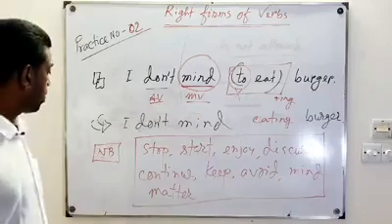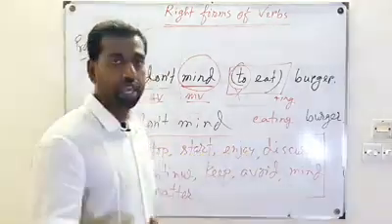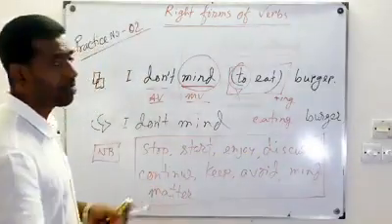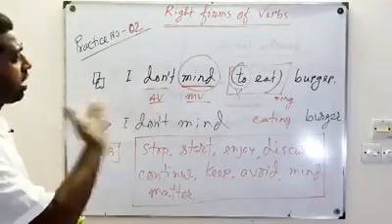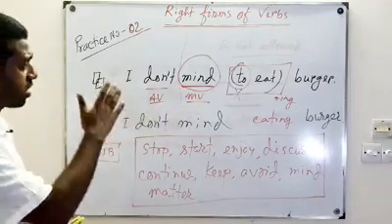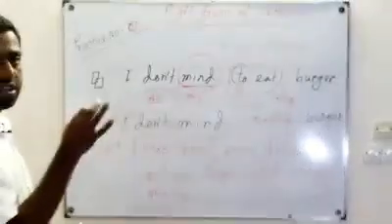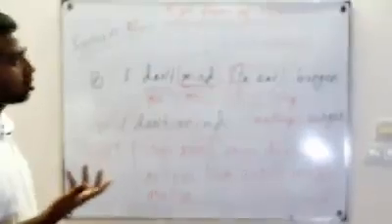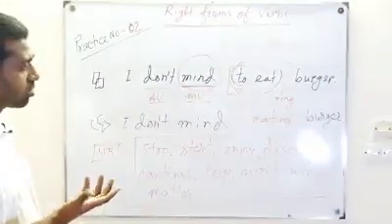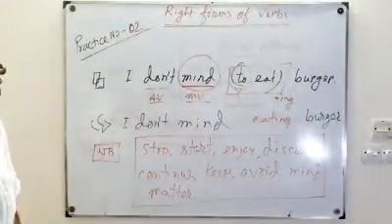If you see stop, start, discuss, continue, keep, avoid, mind, matter, these types of verbs in a sentence, and you have to correct the verb after them, then just add ing to that verb and delete to if there is any. Clear? Then it will be solved. It will be very easy for you.